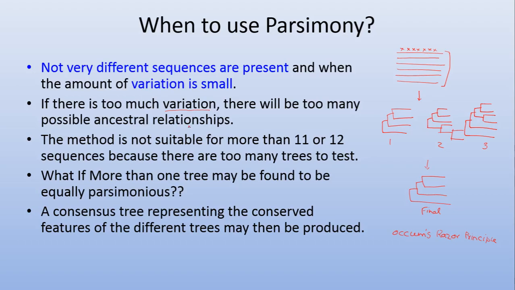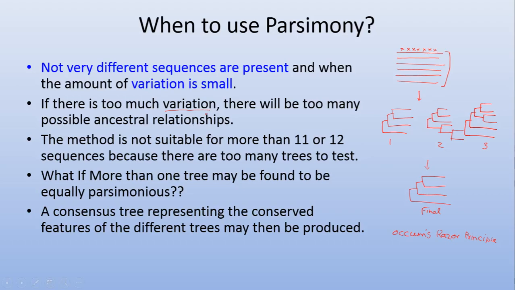It would be very difficult for you to recognize which one is the most maximally parsimonious tree. Okay, so these are the features of the character-based method called maximum parsimony.